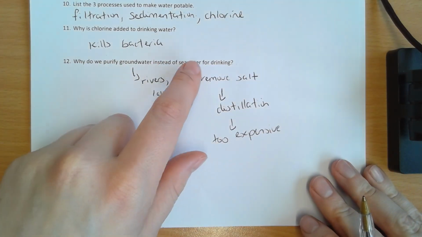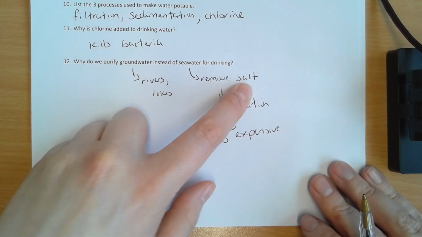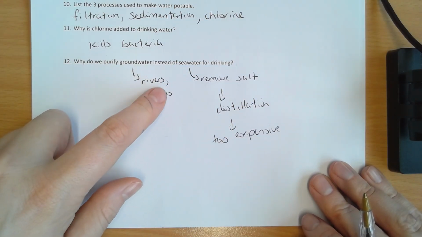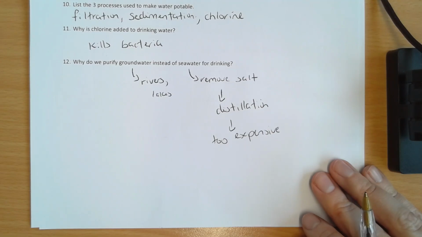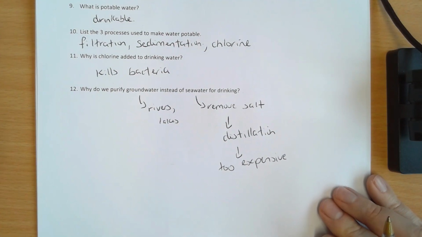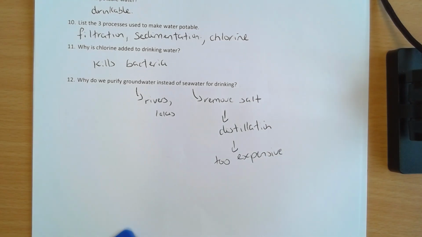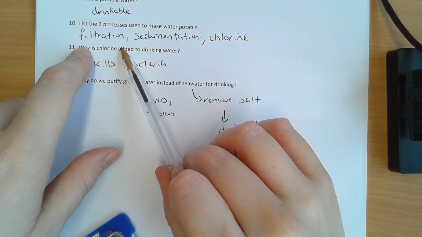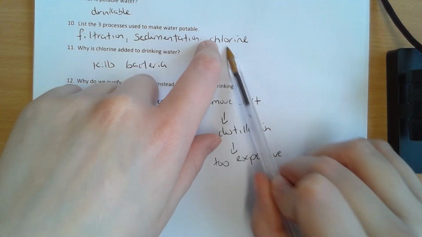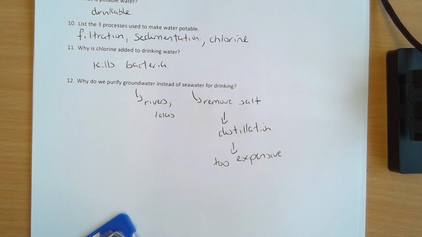So rather than trying to purify seawater and remove all the salt, we purify groundwater, or fresh water, which, yeah, the Thames might have plastic bags and twigs and all sorts of stuff floating around in it, but it's easier to remove those things using filtration and sedimentation and chlorine than trying to remove all of the salt from seawater. So that is what we use.